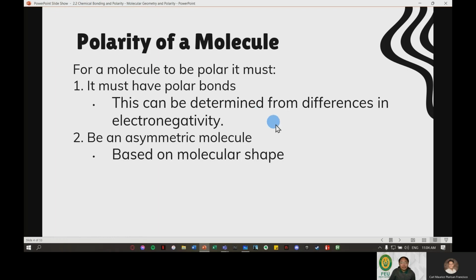Number two, we can identify as well the polarity of a molecule via molecular shape. Number two shall be our focus for this video.